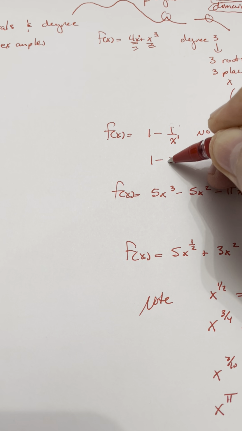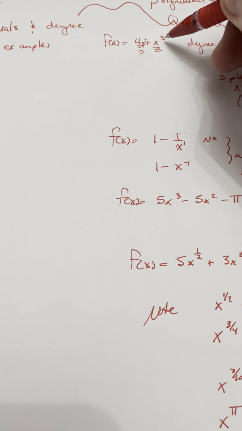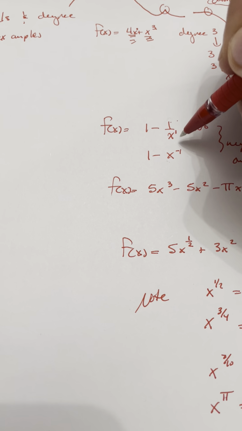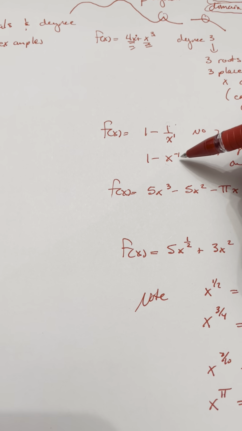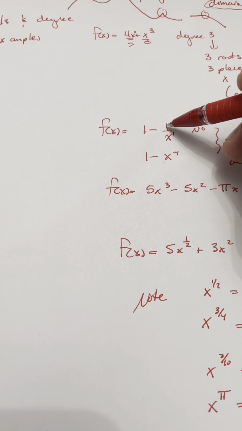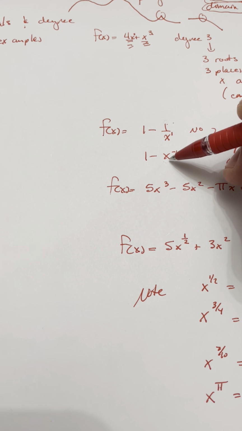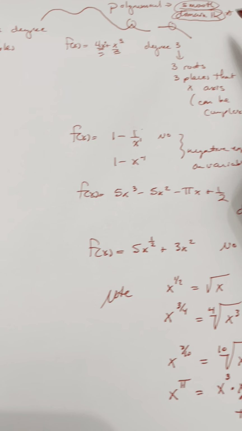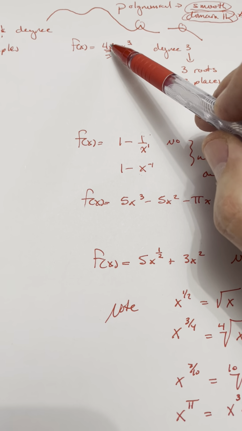But if I write it here, it moves up. Oh, I said integer. I was incorrect on that. Whole number, forgive me. It has to be positive. It cannot be negative. And the reason it can't be negative is it puts this x down into the denominator, and because it's in the denominator, 0 is not a value, and that violates the idea of the domain being all real numbers.